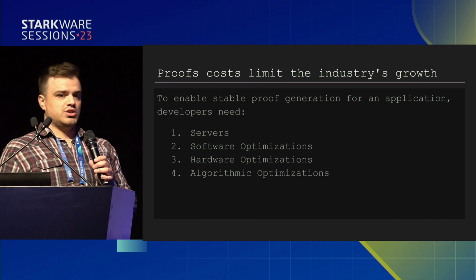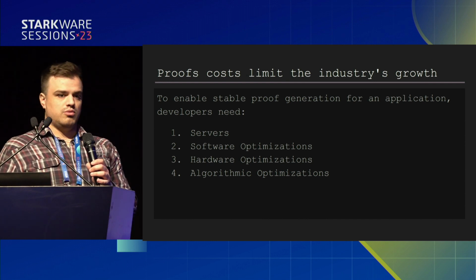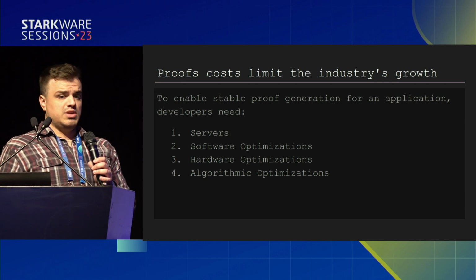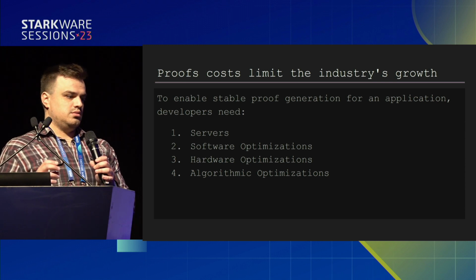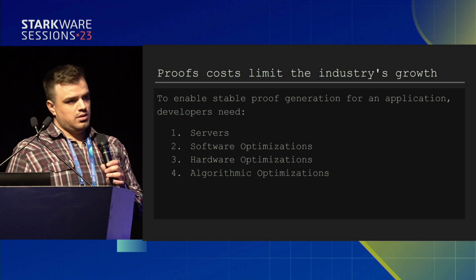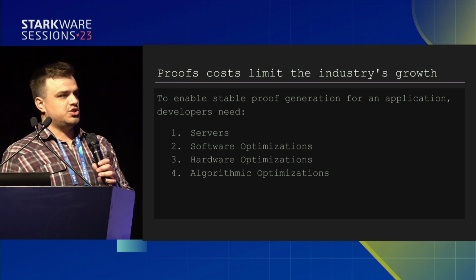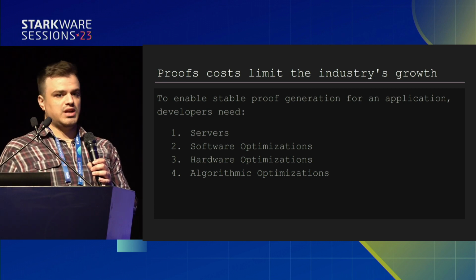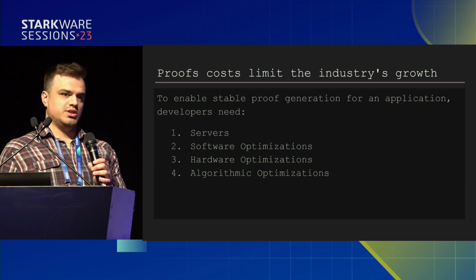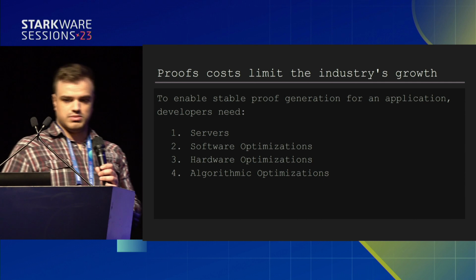And proof generation is a costly, high-load process, especially for complex circuits. So that means that, first of all, you need powerful hardware, which works 24/7, and that's still not enough, because to achieve competitive proof generation timings, you still need to bring new optimizations in software, in hardware, in algorithms.